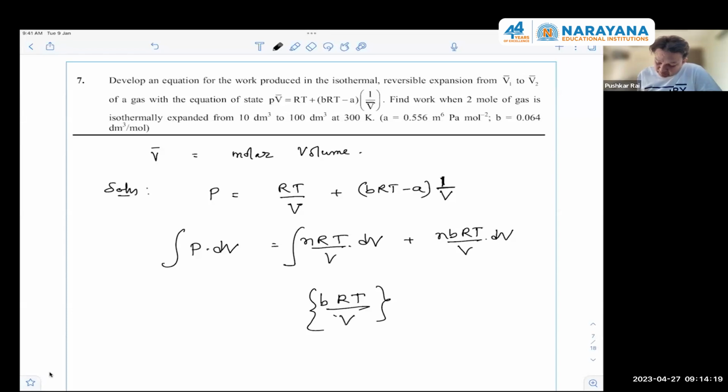This is for 1 mole, it's all right. P is equal to RT by V. P should have the dimension of pressure, and if V is decimeter cube per mole, then that is cancelled.